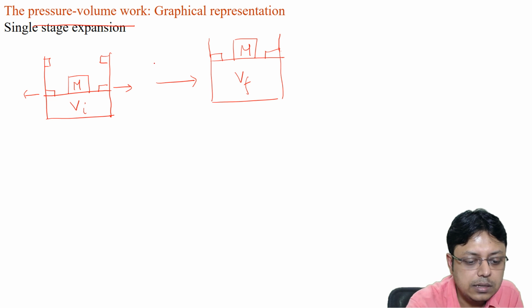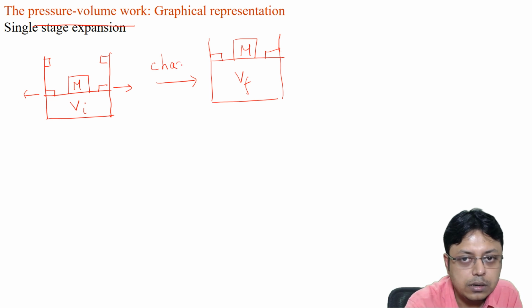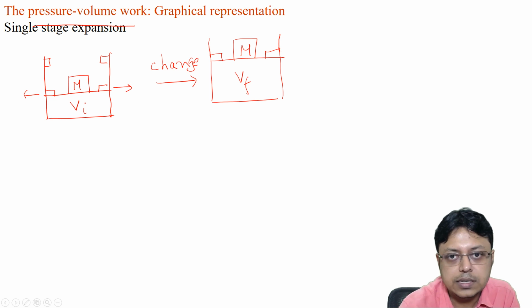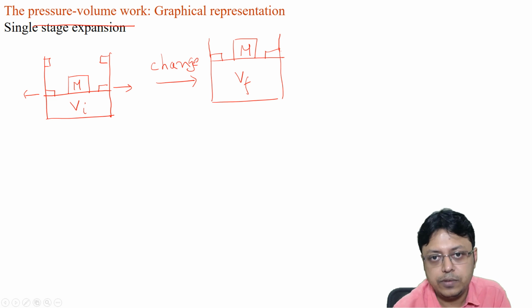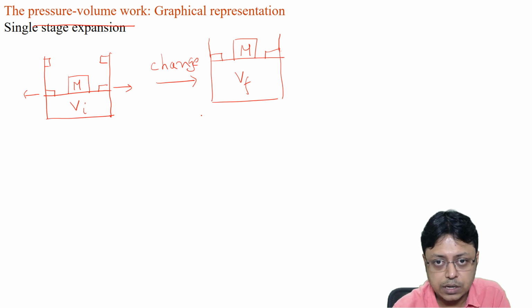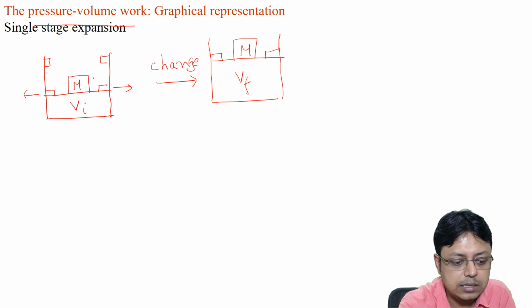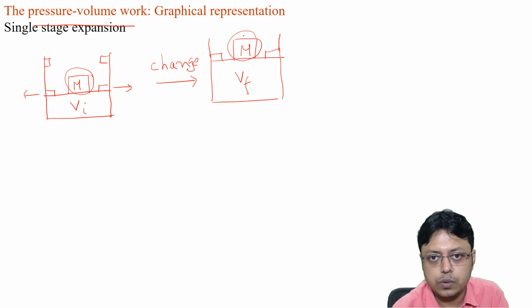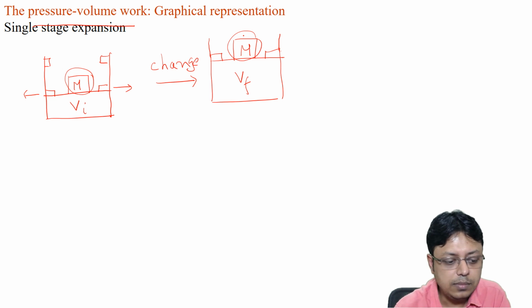So this is the change which we discussed when we were discussing the definition of terms. This is the change of the system, and of course there is an associated change in the surrounding, because you see that this mass has been lifted now during the expansion work by the system.